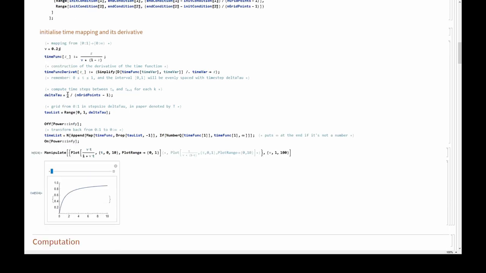Let's briefly explore this function a bit. It takes the original mapping from 0 to infinity to 0 to 1, and the larger your nu is, the more compression you get of the late past into a small section.